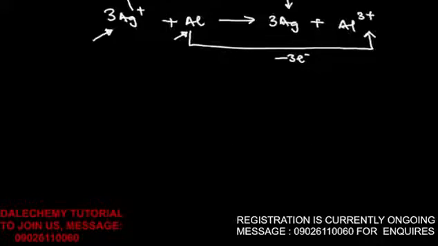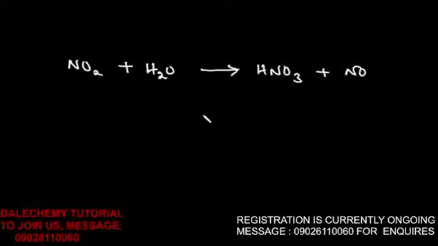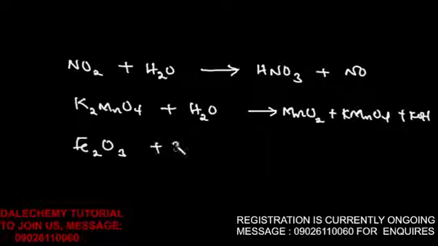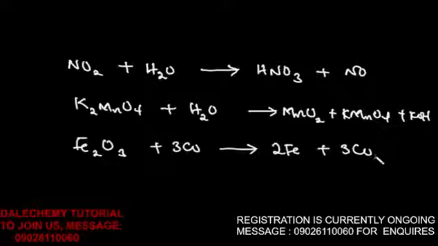So you can tell in the comment section which of the following is an oxidizing agent and which is a reducing agent for the following: plus NO; K2MnO4 plus H2O to give MnO2 plus KMnO4 plus KOH. The last one, let's have iron oxide plus 3CO to give 2Fe plus 3CO2.